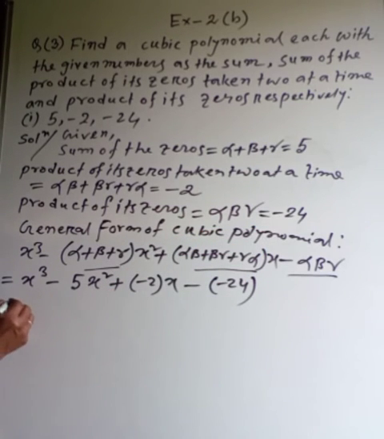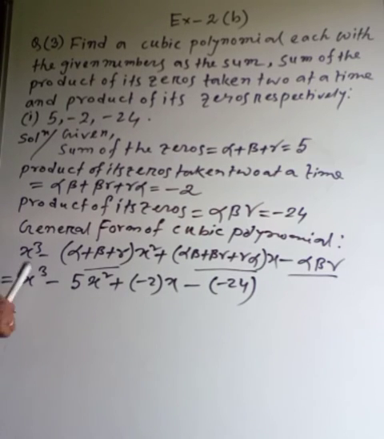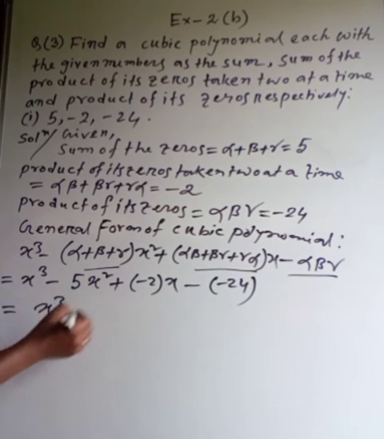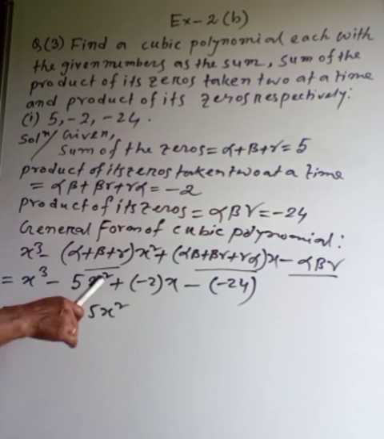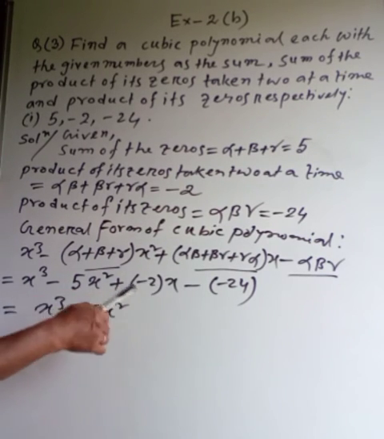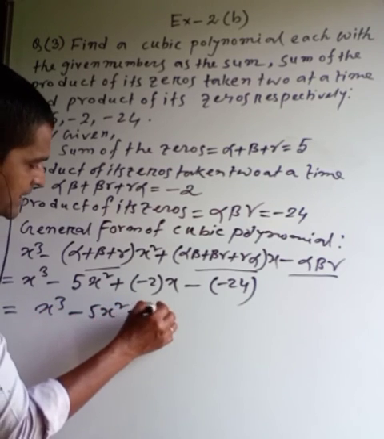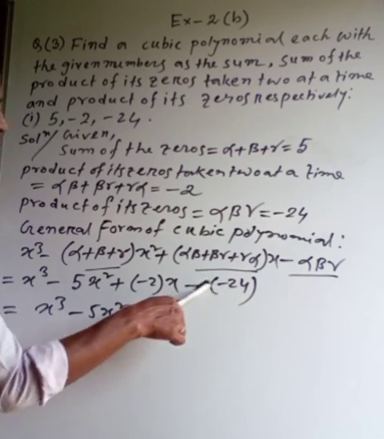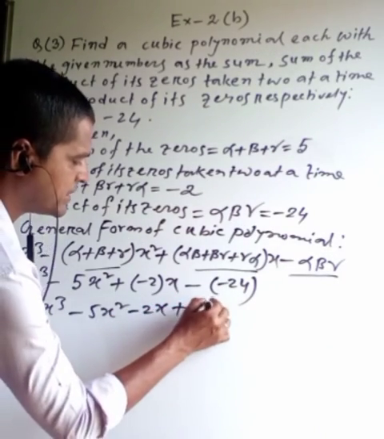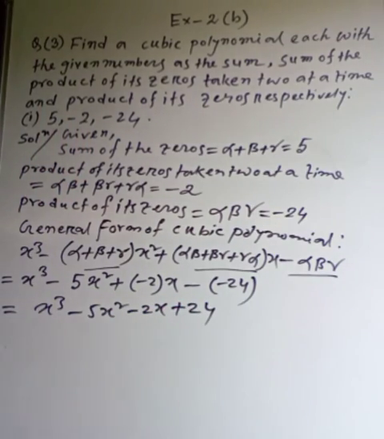So after that, what can we write? X cube is x cube, minus 5x square is 5x square, then plus minus 2, so minus 2x, and minus and minus 24, minus a plus 24. So what we got?